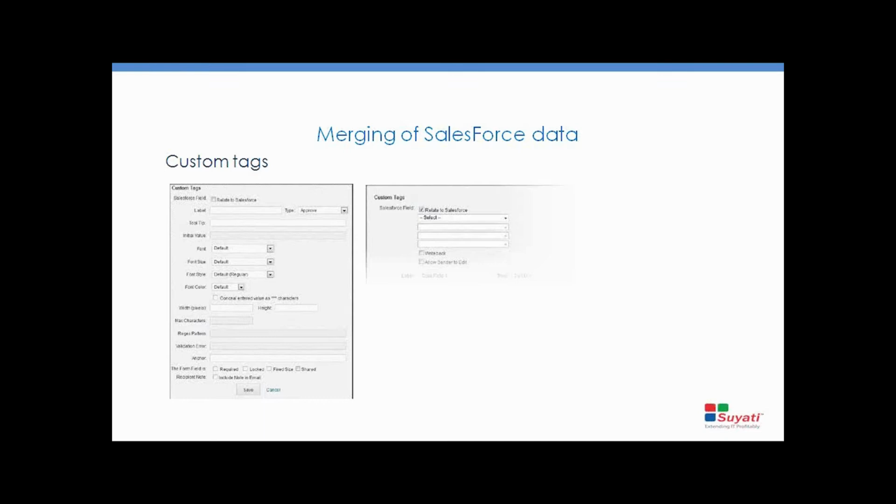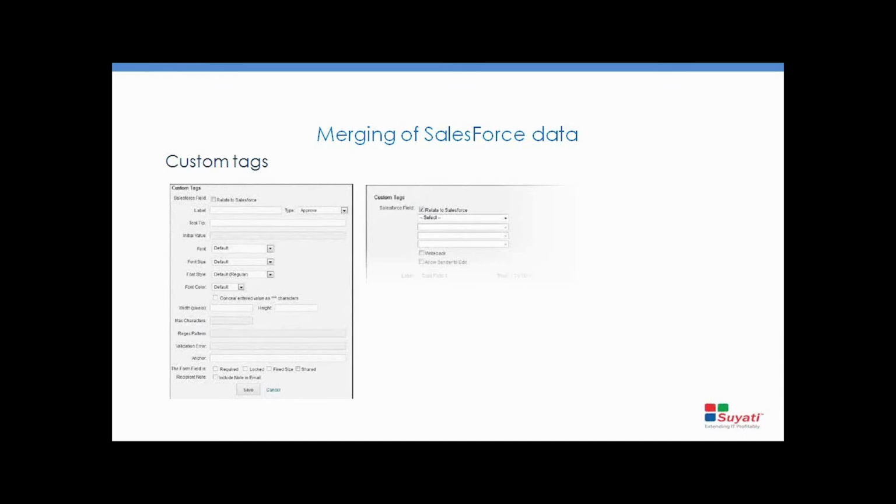So coming to merging of SalesForce data, as we have earlier discussed, it's an important requirement that SalesForce data get dynamically merged into the agreement. Earlier we discussed price being a part of an agreement, and the kind of package the user has purchased as part of an agreement. This can be achieved by creating custom tags in the DocuSign console or DocuSign application.